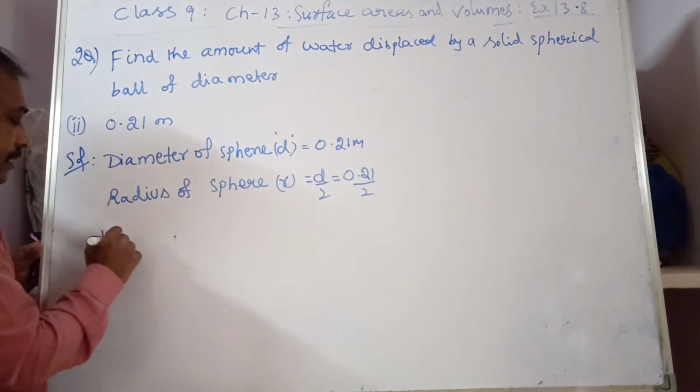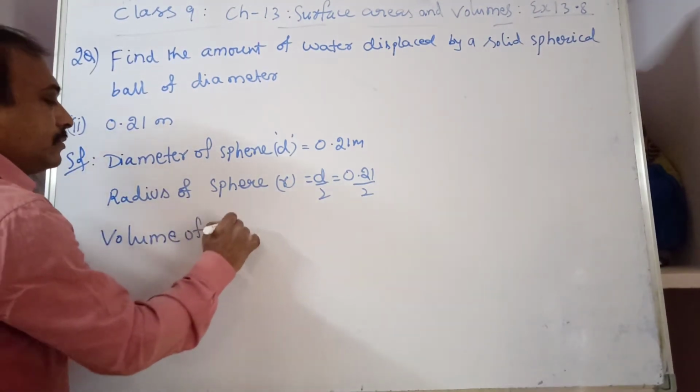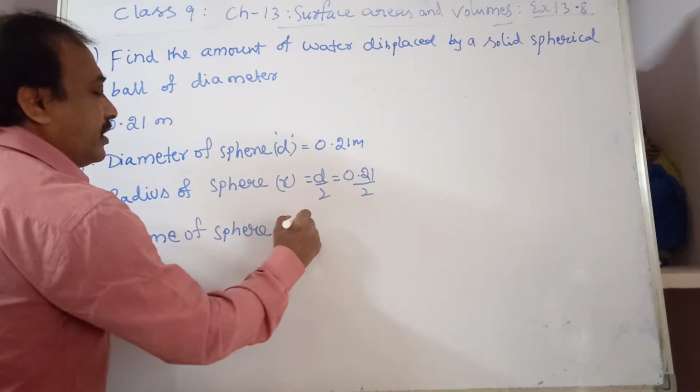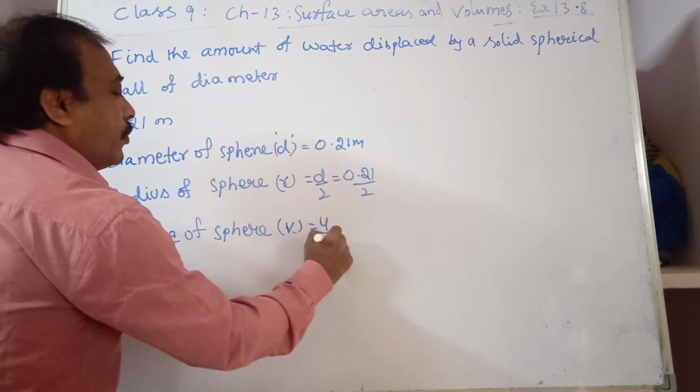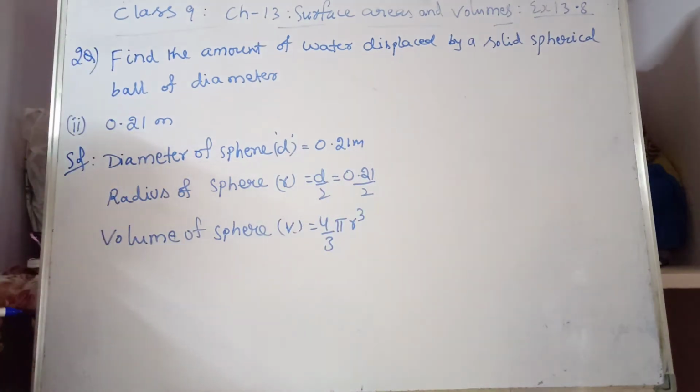Volume of sphere, which we denote with V, is equal to 4/3 pi r cube.